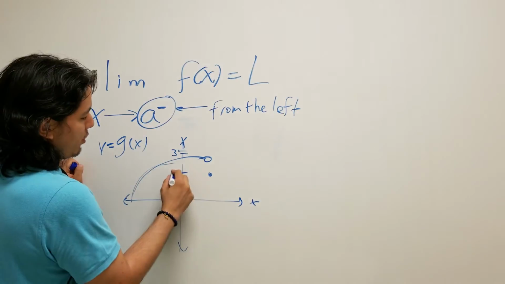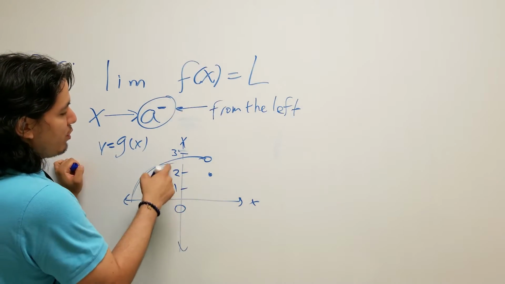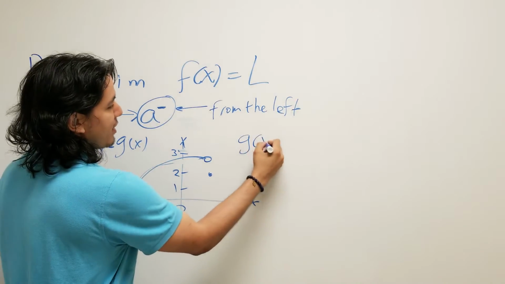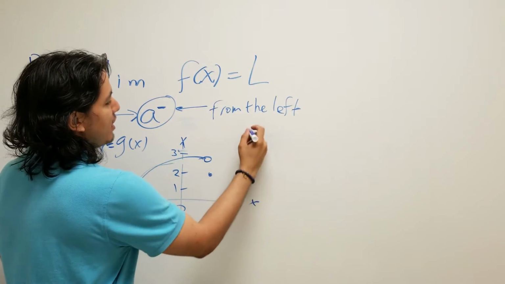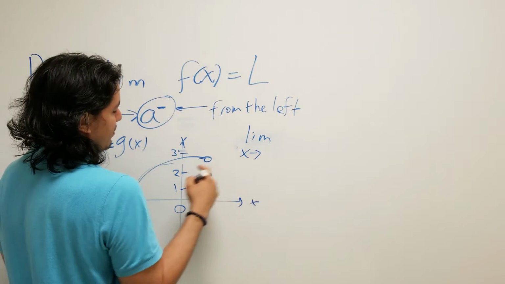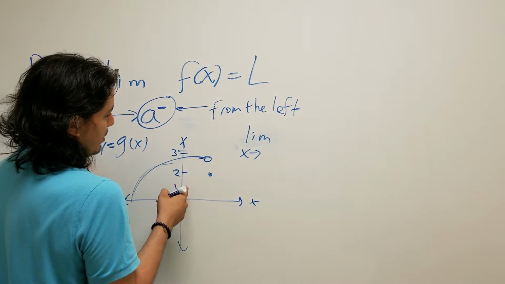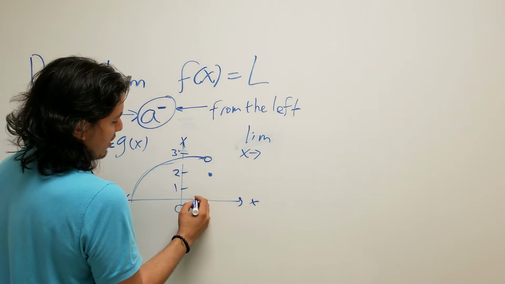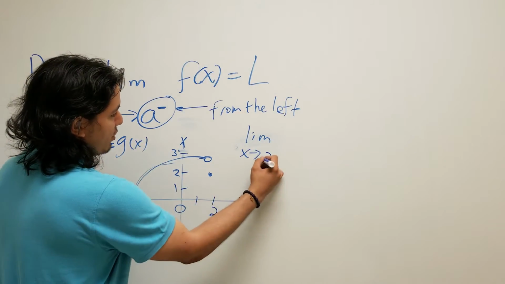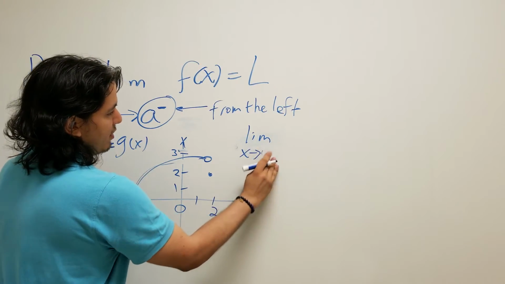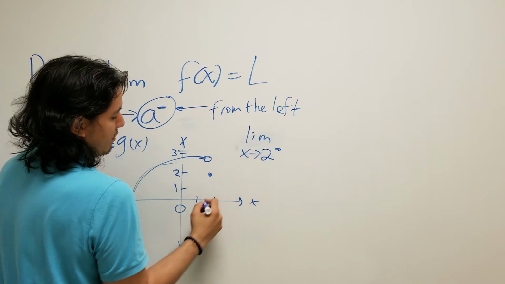So this is 2, this is 1. So 0, 1, 2, 3, right? So what this is saying here, right? G of x. Well, when we take the limit as x approaches 2 from the left, right?